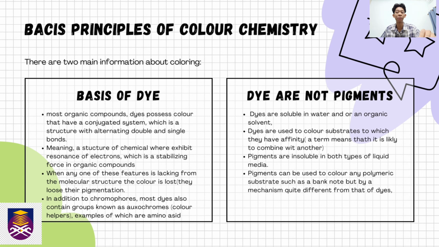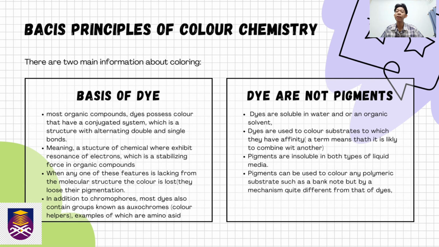Dyes are mostly organic compounds that possess a color with a conjugated system, which is a structure of alternating double and single bonds, meaning it is more organic compound related, which we could talk about in another chapter. It is a chemical structure that exhibits resonance of an electron, which is a stabilizing force in organic compounds.